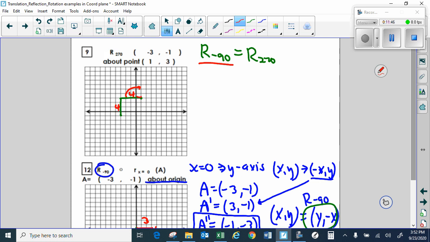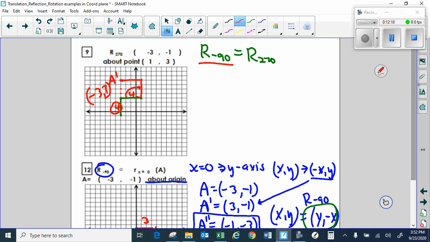So this comes up 4, 1, 2, 3, 4, and then don't forget this is trailing back here. When I rotate this to the right, that is from behind. It's still behind it, so I have to go back 1, 2, 3, 4, and that right there is my answer. A prime. Okay, so now what is that point? -1, 2, 3, 1, 2, 3, 4, 5, 6, 7. -3, 7 would be my answer.